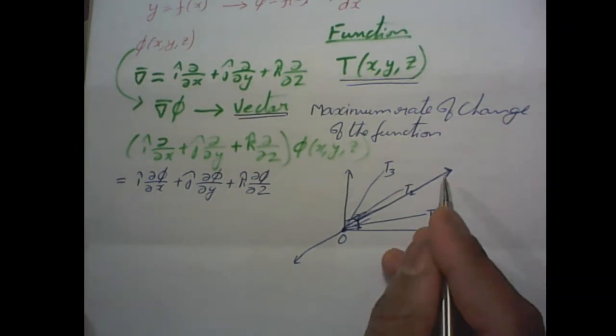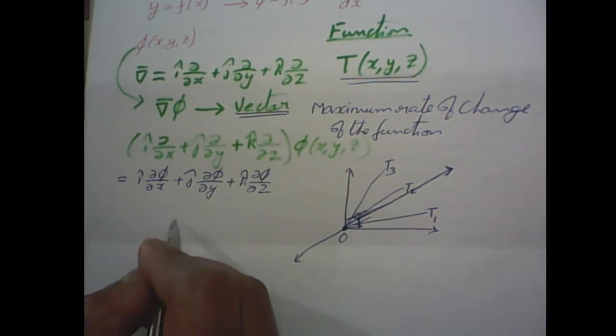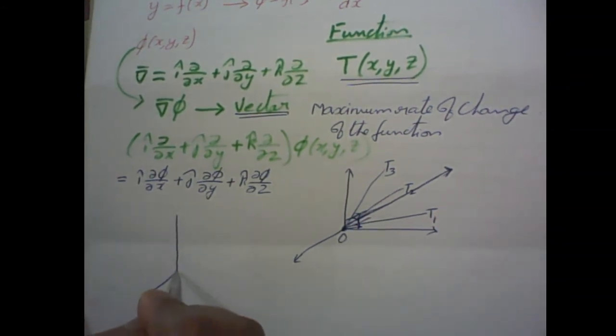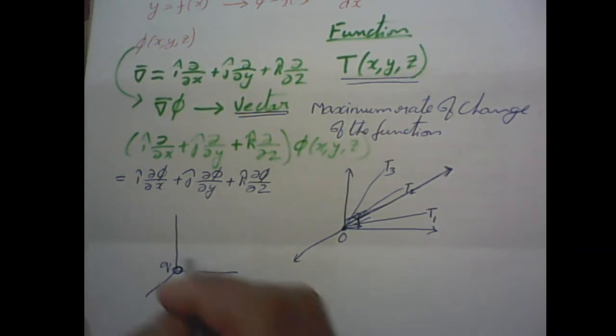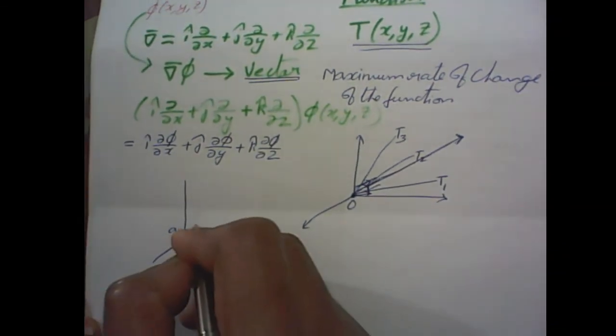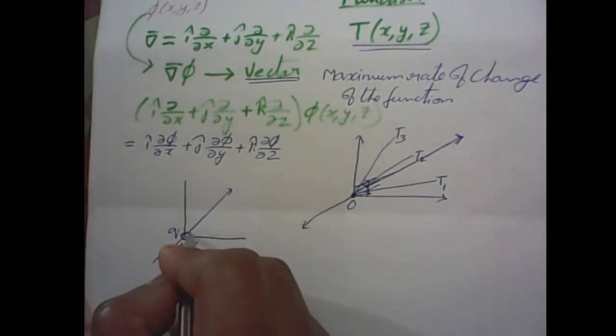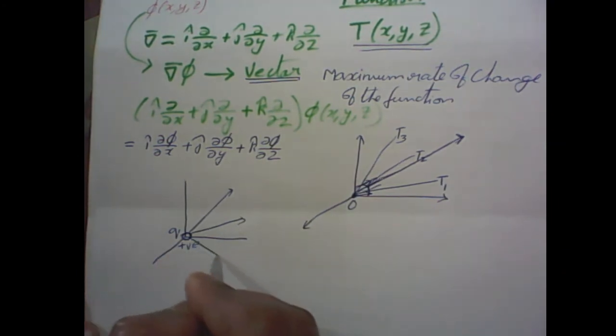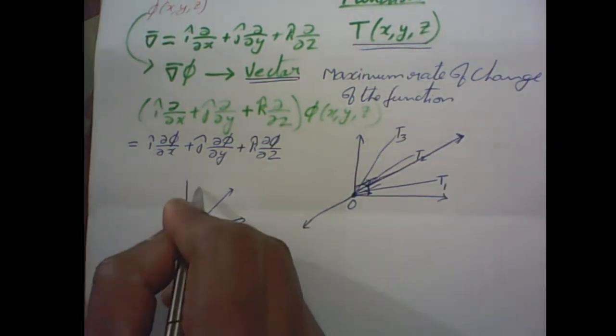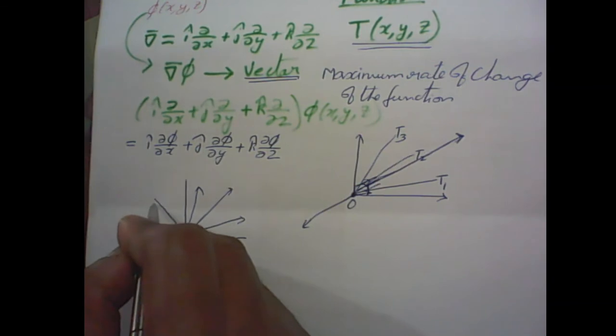So instead of temperature, which is a scalar quantity, let me say at the origin of the coordinate system there is a positive charge. This positive charge will have its electric field which goes out radially.